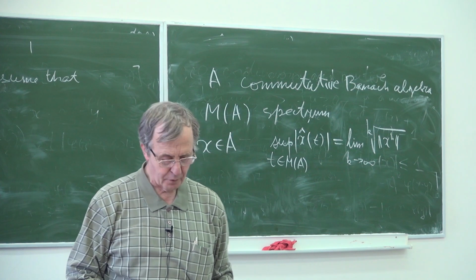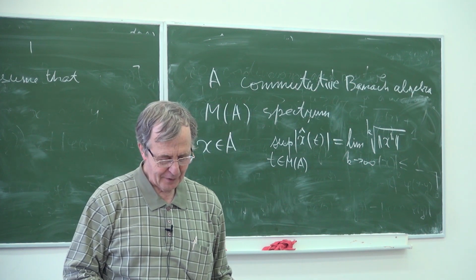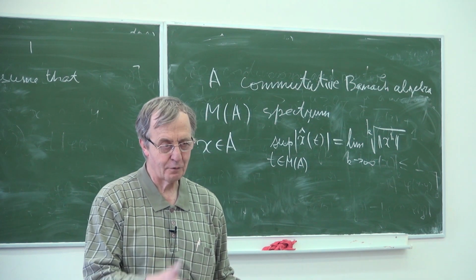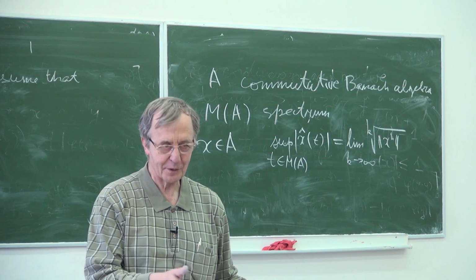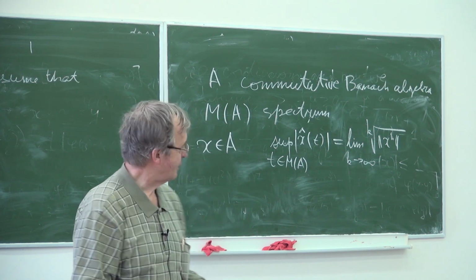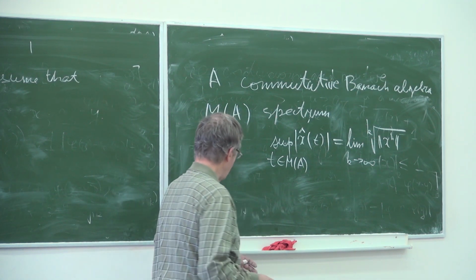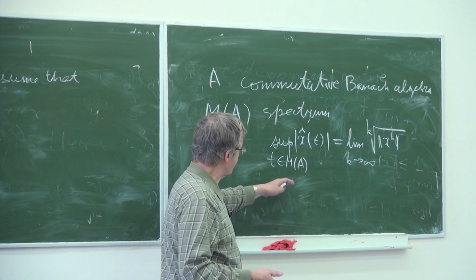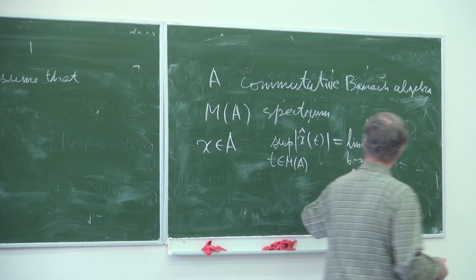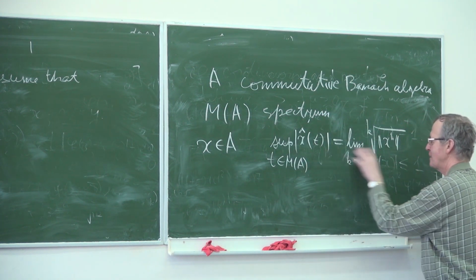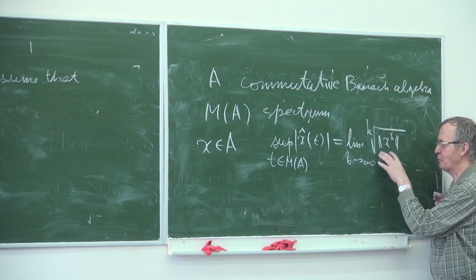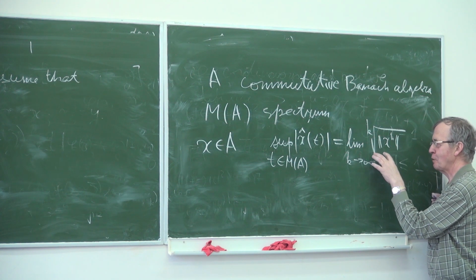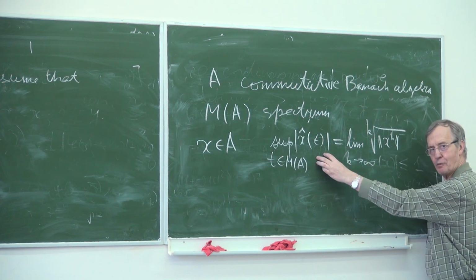If there is no unity, then the notion of the spectrum is somewhat ambiguous because you have no invertibility. If we adjoin a unity, then this will be the genuine spectral radius, but we don't even need this, because we only need this formula. We only need to know that this limit is equal to the spectral norm.